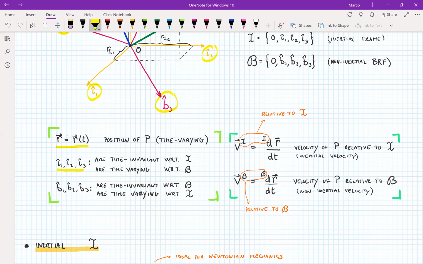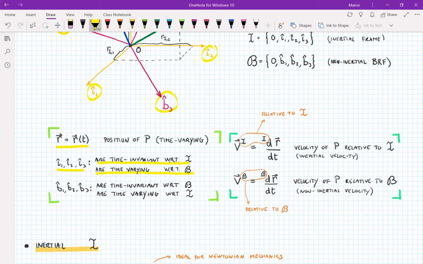They are time invariant with respect to the inertial frame of reference itself, of course, they're fixed with it. They actually define the inertial frame of reference, so they do not change. But they are time varying with respect to the body frame of reference. And why is that? It's because the body frame of reference itself moves about the inertial frame of reference.